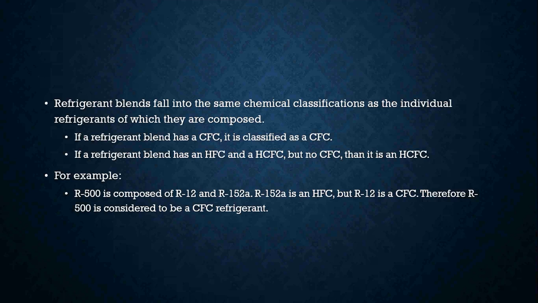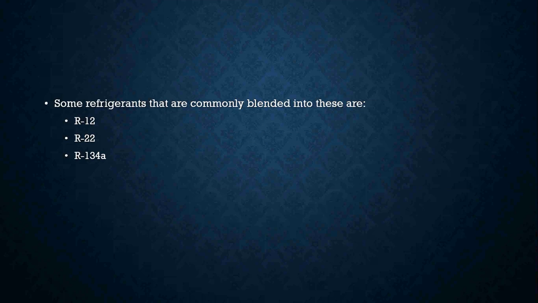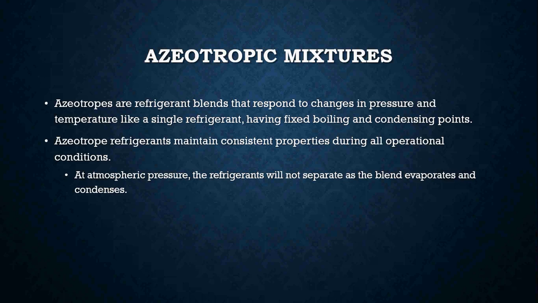Okay, so R500 is actually composed of R12 and R152A. So 152A is an HFC, but R12 is a CFC, so therefore R500 is considered to be a CFC. Some of your most common blends that are out there, you got your R12, R22, and 134A.